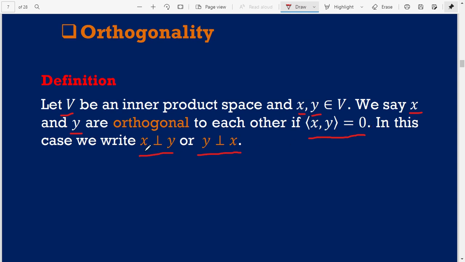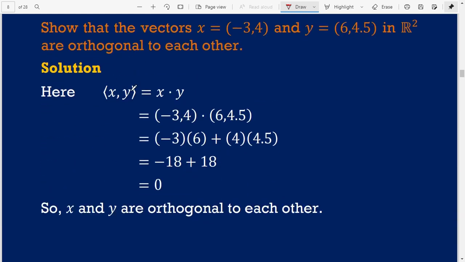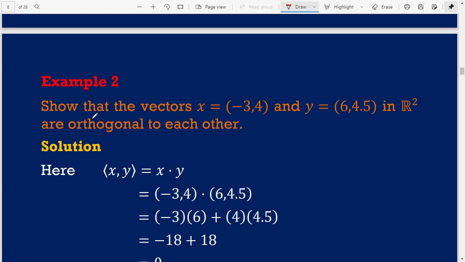Then we write x is orthogonal to y or y is orthogonal to x. Now example, show that the vector x is equal to (-3, 4) and y is equal to (6, 4 into 5).